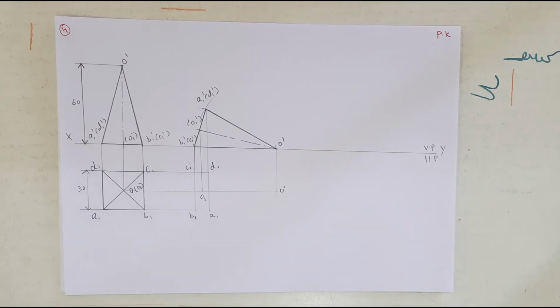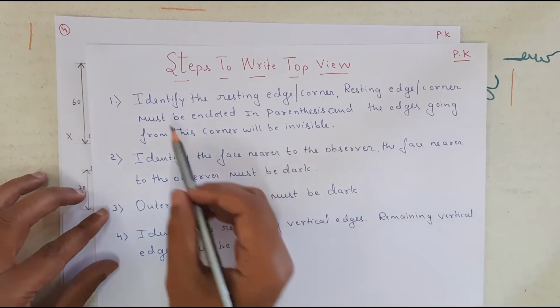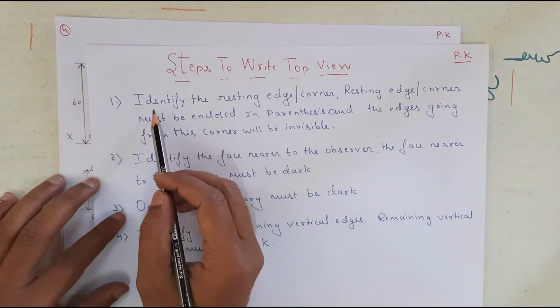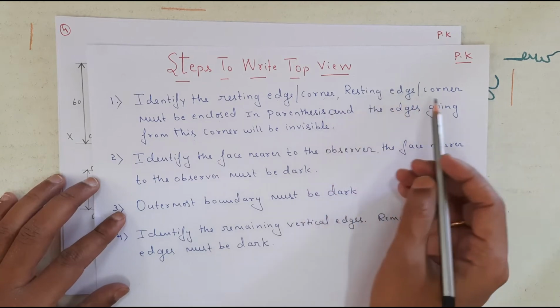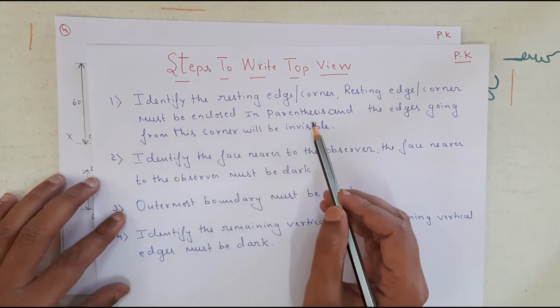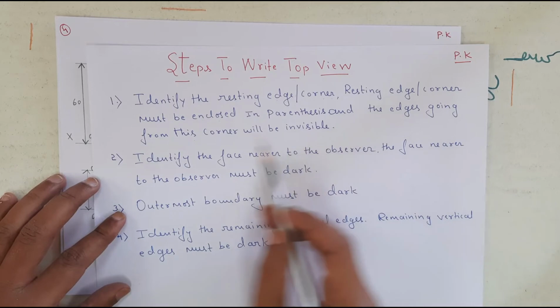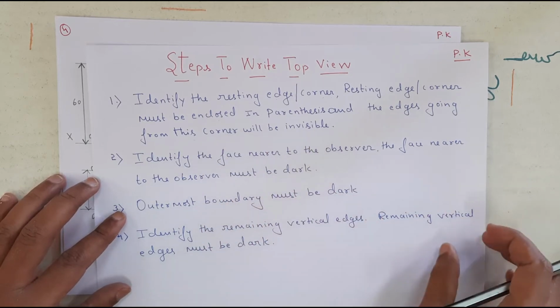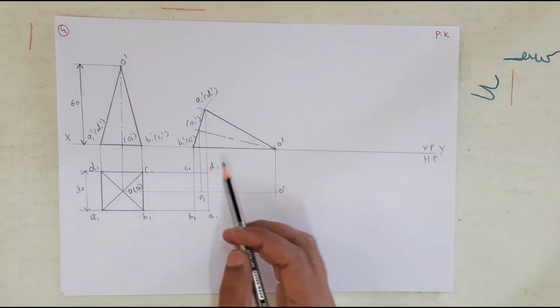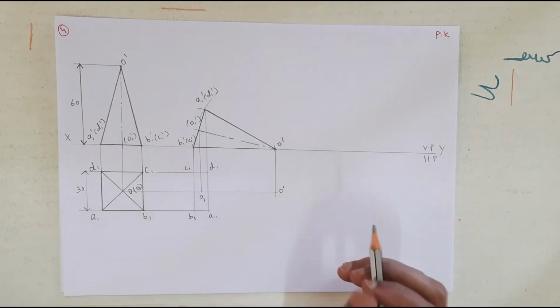Okay, so now I am going to tell you once again the step by step method to draw the visible and invisible edges. So what is step number 1? Identify the resting edge or corner. The resting edge or corner must be enclosed in parenthesis, and edges going from these corners will be invisible. So which is the resting corner? B1, C1, right?